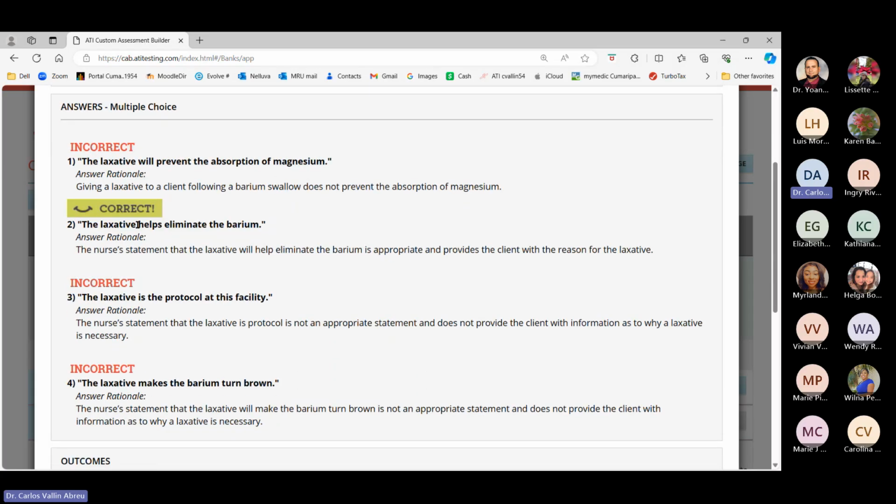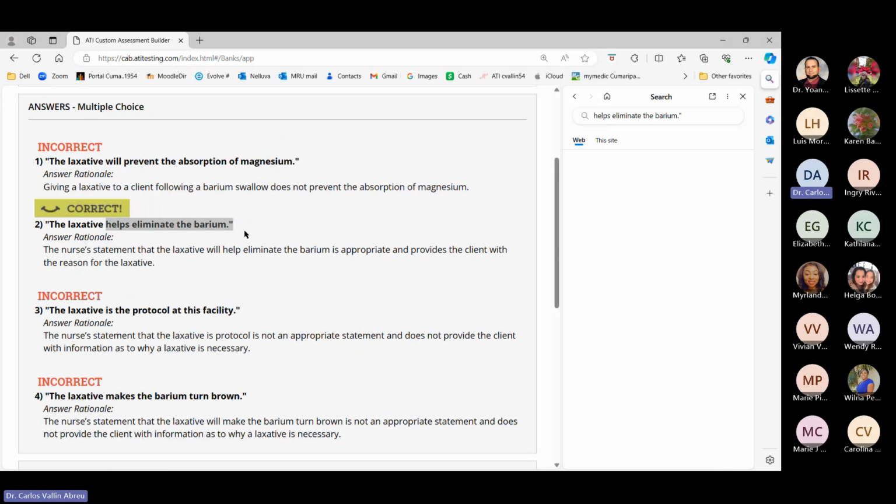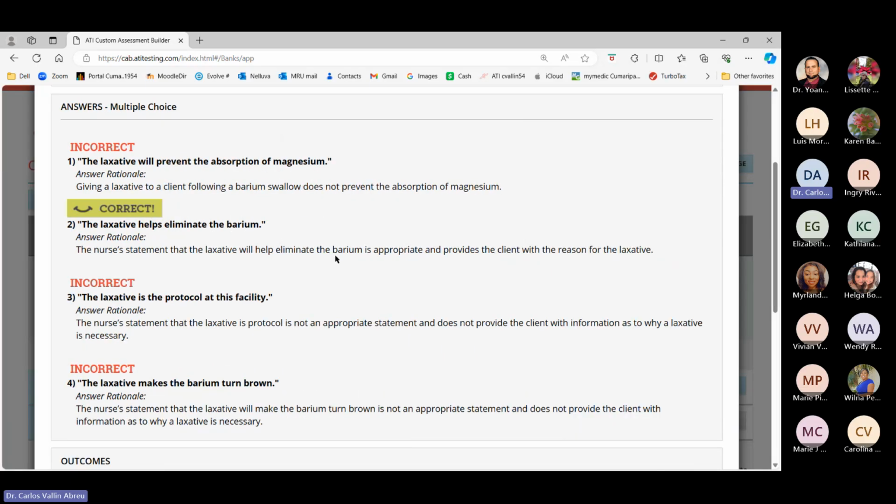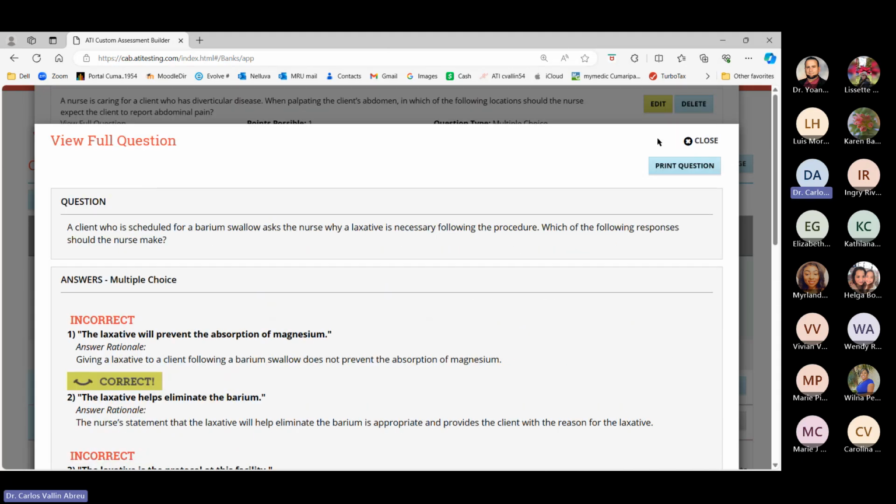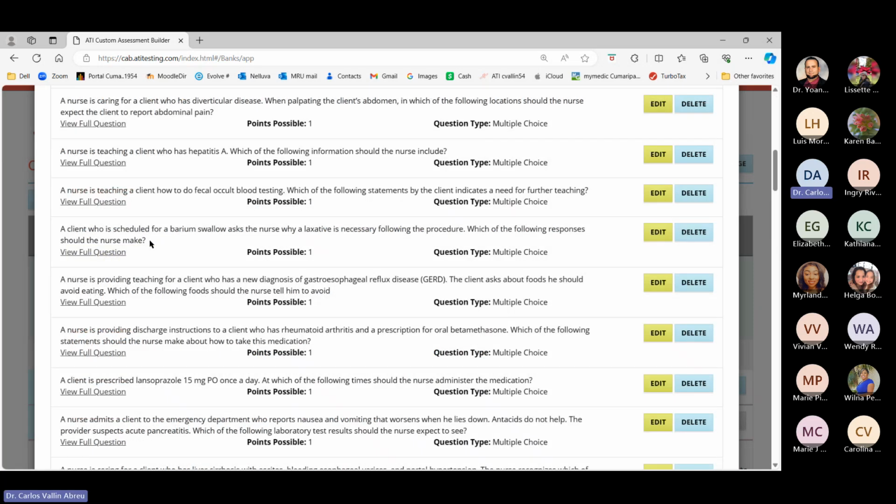Because when you swallow the barium, you are going to be eliminating barium for several days. And as I said, it has a tendency to dry up and to produce fecal impaction. So it is correct. Generally, doctors prescribe stool softeners and docusate, and it's enough.